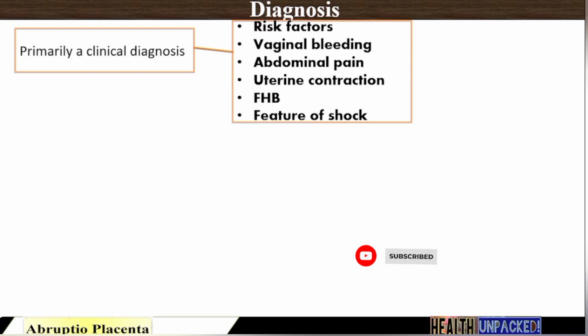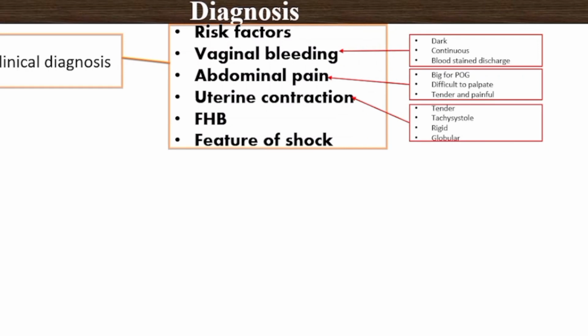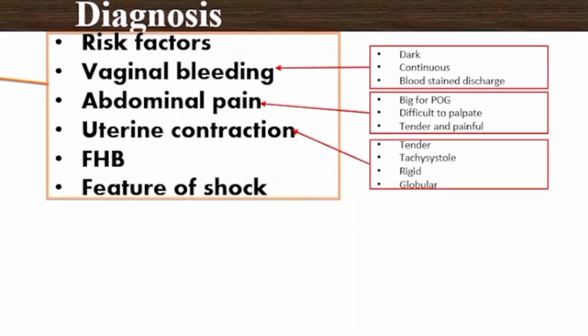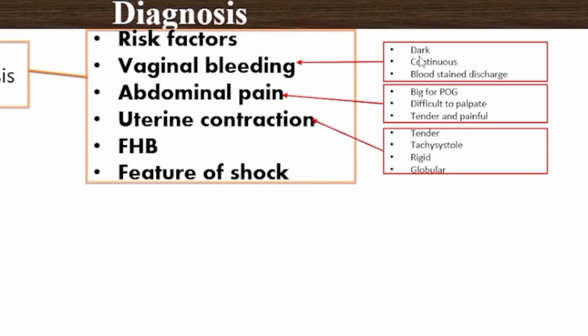Okay, diagnosis. When we come to diagnosis, primarily the diagnosis of abruptio placenta is clinical. Clinically, you can identify the risk factors through history and also vaginal bleeding. If there is dark, continuous bleeding and a blood-stained discharge, that suggests abruptio placenta.